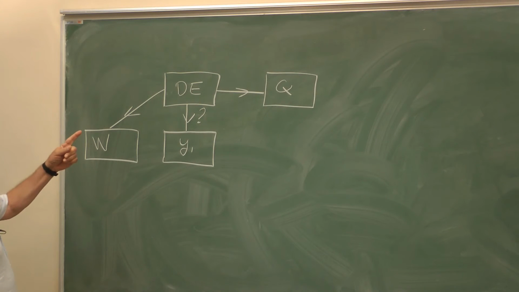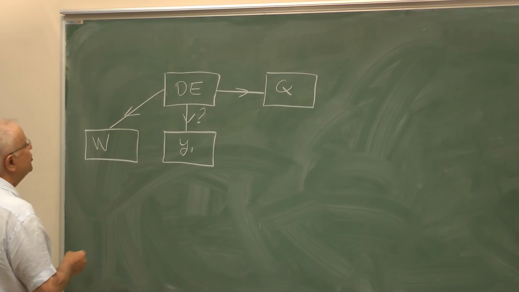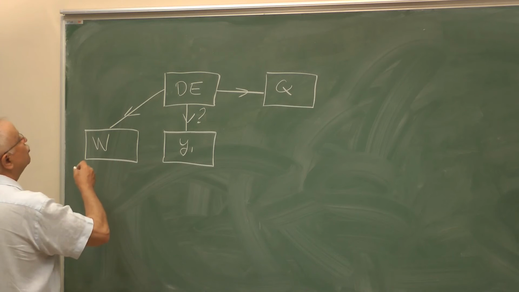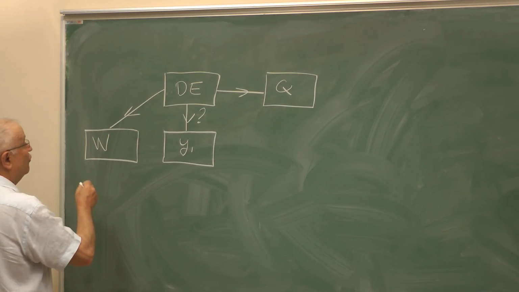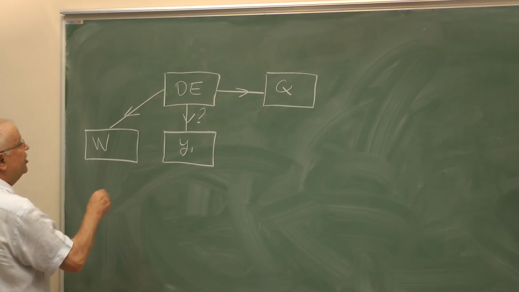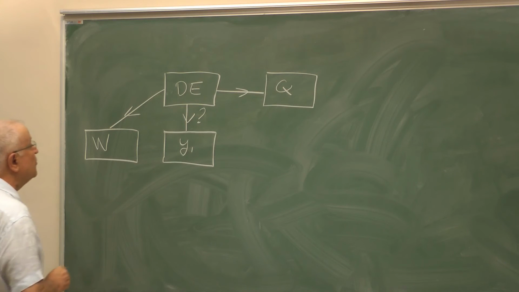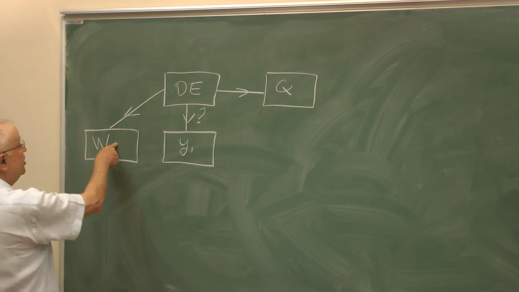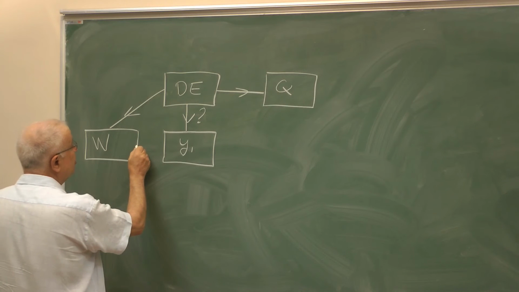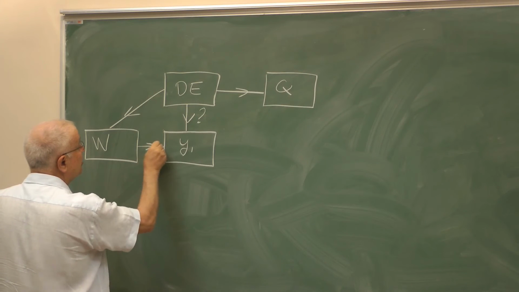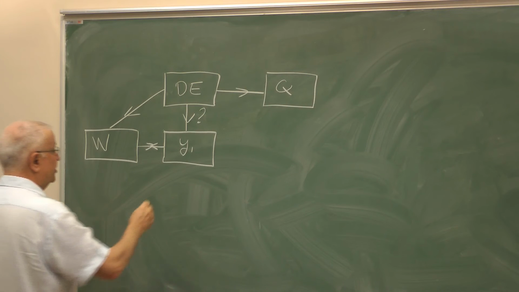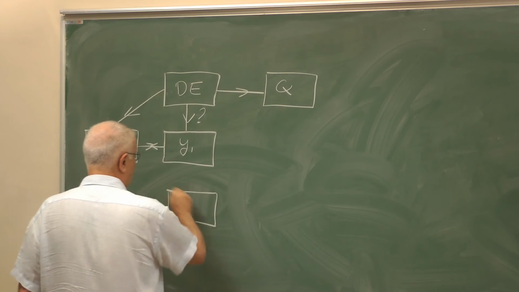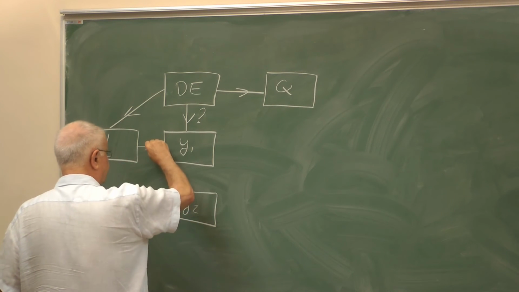Looking at the differential equation and getting the Wronskian is, of course, Wronskian equals exponential of minus integral f1 dx. Now it is possible, knowing the Wronskian and one solution, to get the second solution, y2.